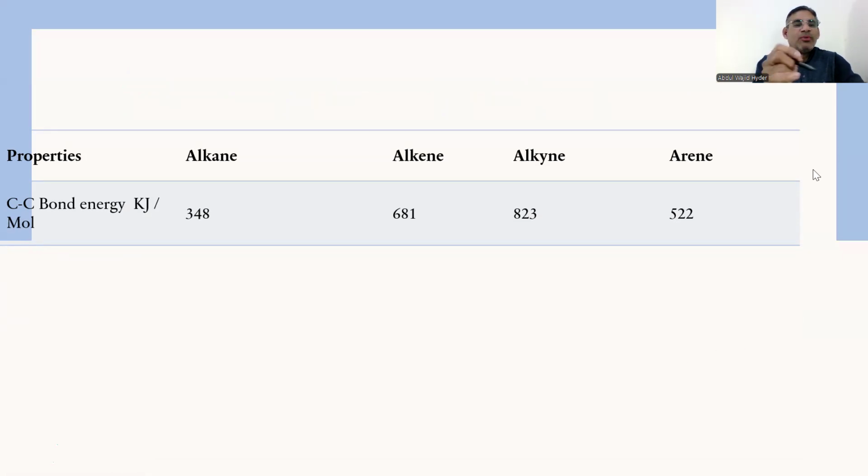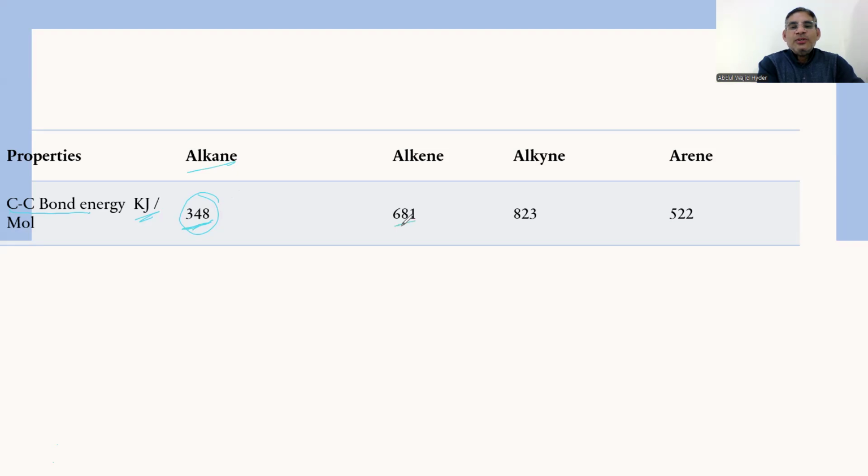Now see, this bond energy will be written there in kilojoule per mole. This is CC bond energy. In case of alkane, this bond is the weakest bond because there is no pi bond, only sigma bond is there. So 348 kilojoule per mole will be the CC bond energy there in alkane.